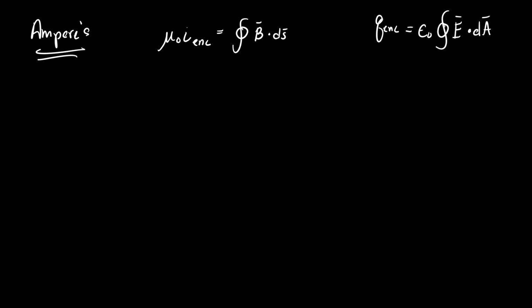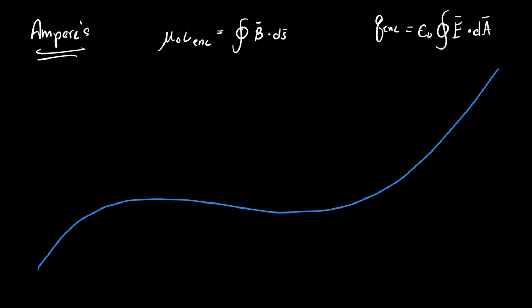So imagine I have some random wire in space, and that random wire has some current passing through it. If I wish to determine the magnetic field, or if I can measure the magnetic field and I wish to determine the current, then I will draw an imaginary Amperian loop.